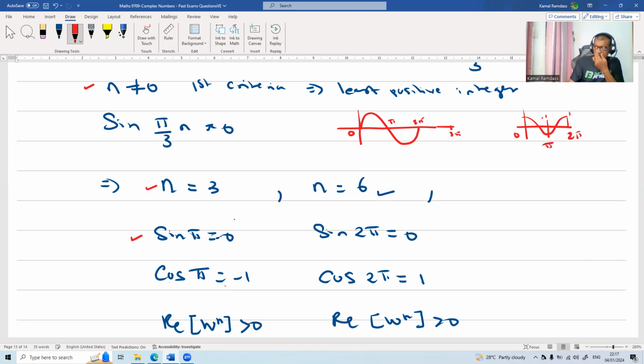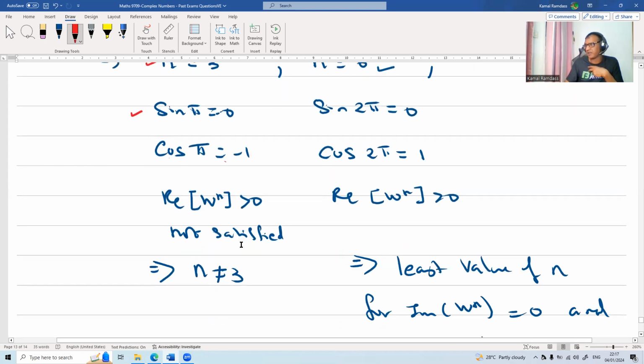OK? Je l'élimine, bien sûr, nous ne sommes pas intéressés parce qu'il y a une condition: positive integer. Mais cos de pi, c'est négative 1. OK? Et il ne respecte pas real de Wn greater than 0. Not satisfied, ça veut dire n ne peut pas être égal à 3.